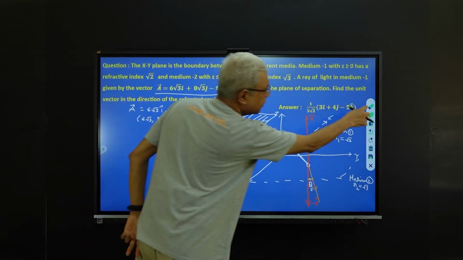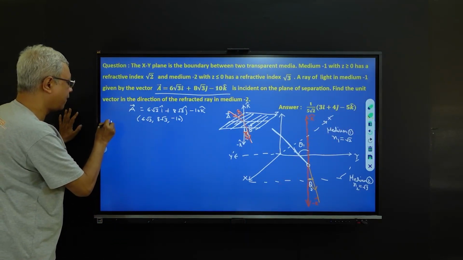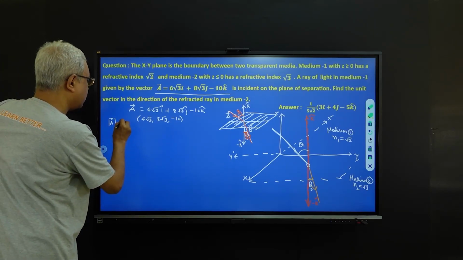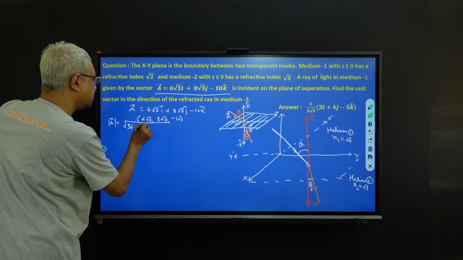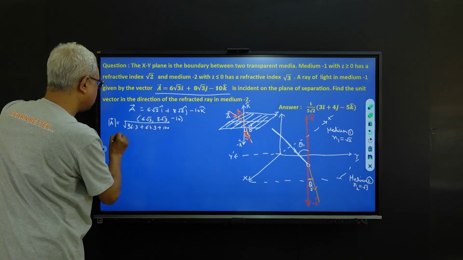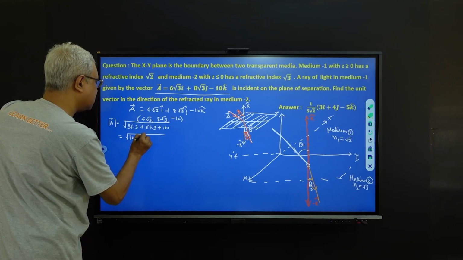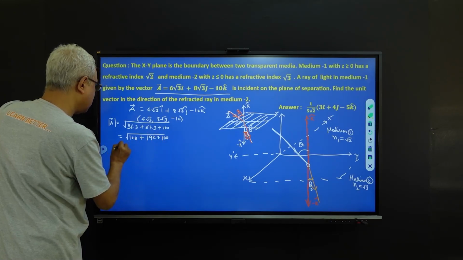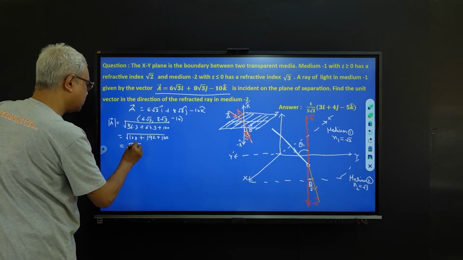Mod of A is the square root of 36 into 3 plus 64 into 3 plus 100. So it is how much? Square root of 108 plus 192 plus 100, which is equal to 400. Square root of 400, that means 20.